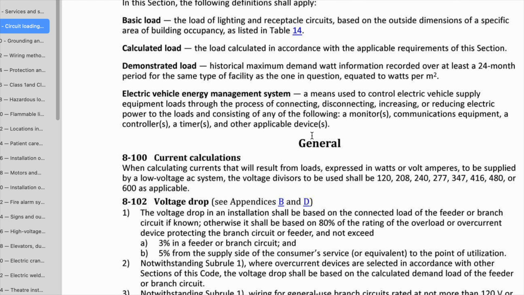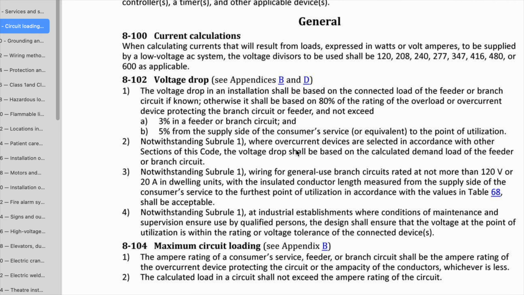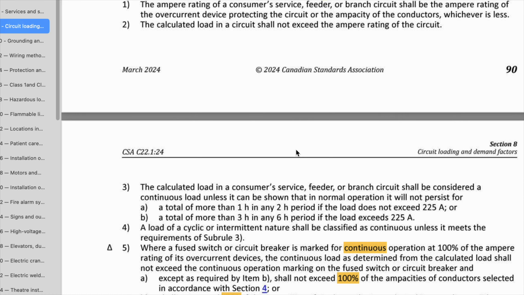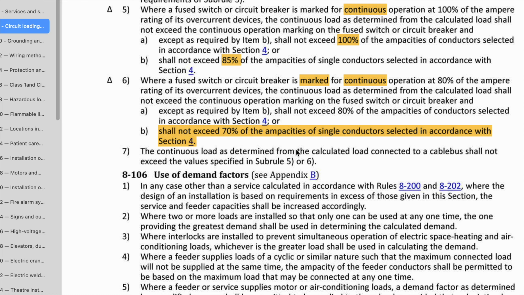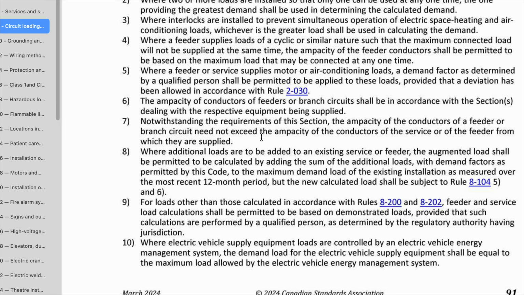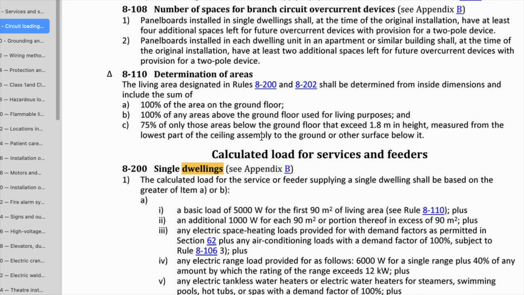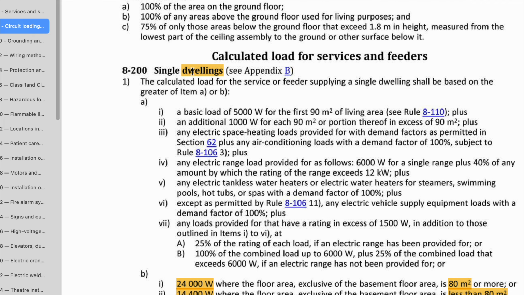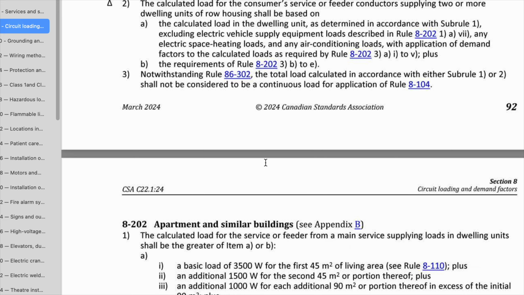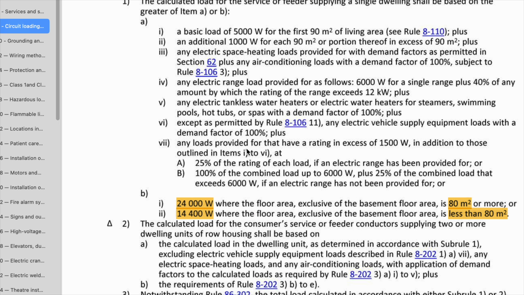It's about panel sizing and the usage of the service, calculating demand factors and the electricity power usage of dwelling units, apartments, industries, hospitals, schools, everything. This one is for a dwelling unit: calculate the load of the dwelling unit.